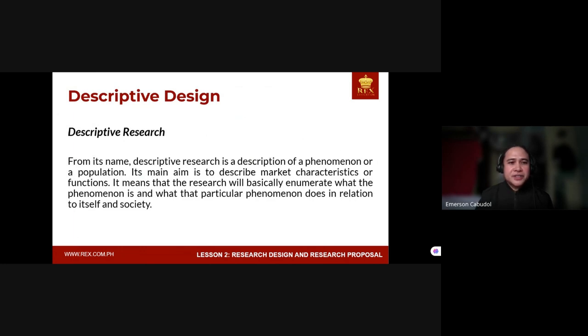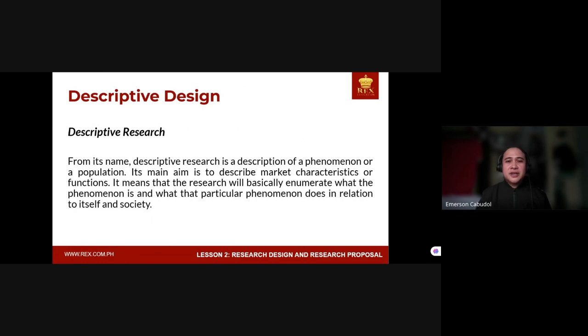Descriptive research. Descriptive research aims to paint a detailed picture of a specific phenomenon or population, for us in, let's say, a population of buyers or customers of a particular service.